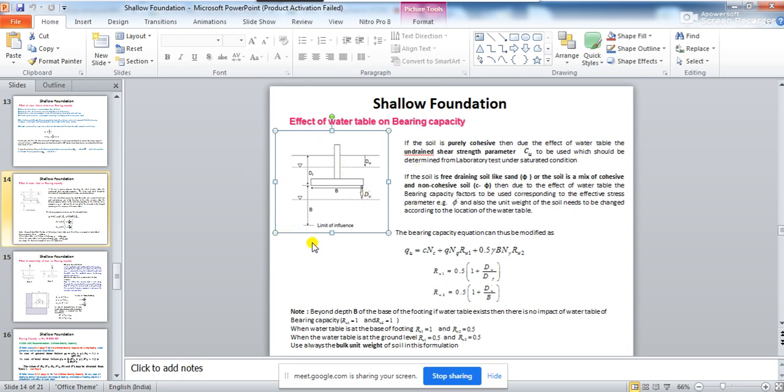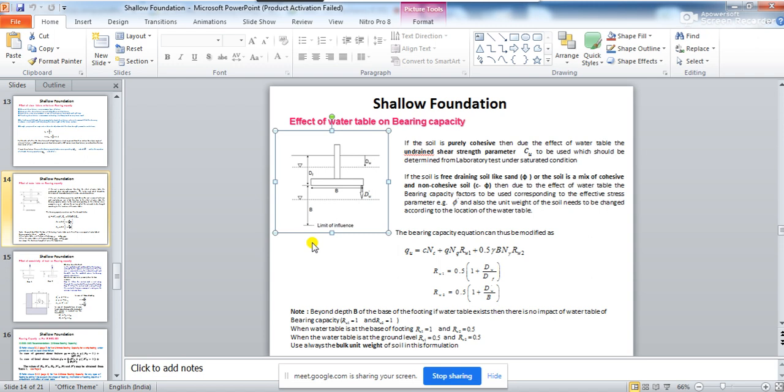If you can draw this diagram, see, in many cases in competitive exam papers, like the GATE examination paper or engineering services exam paper, the confusion is created only by the location of the water table.